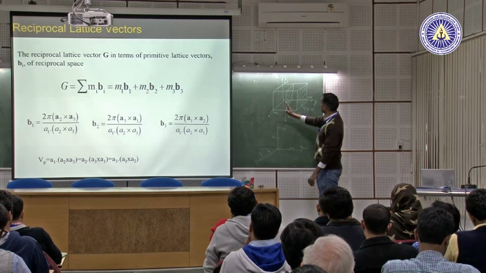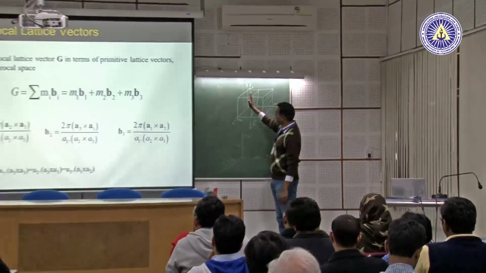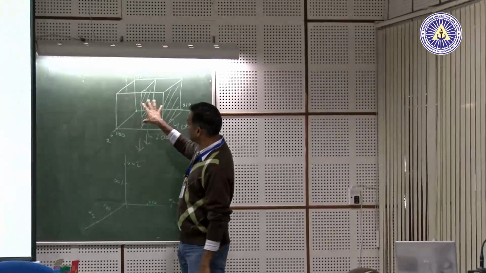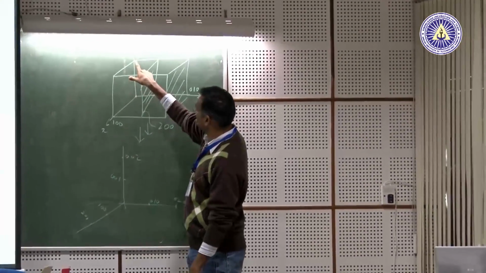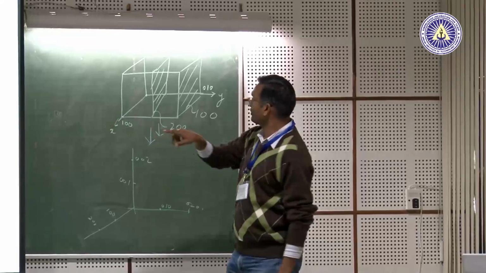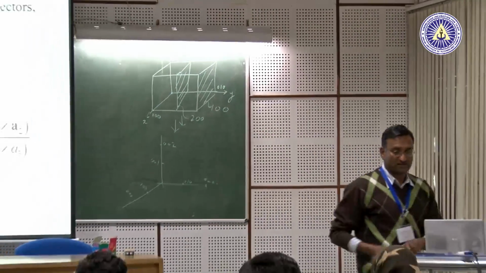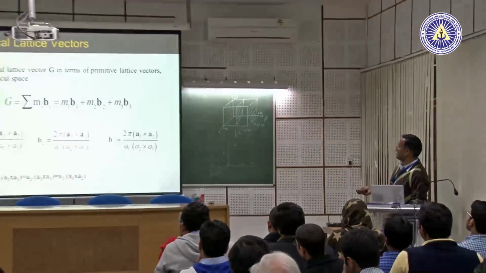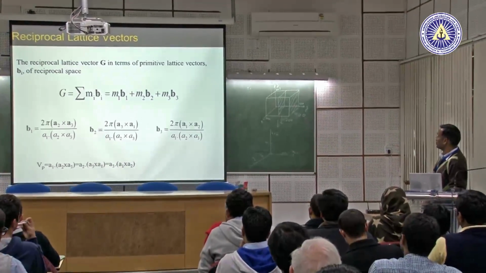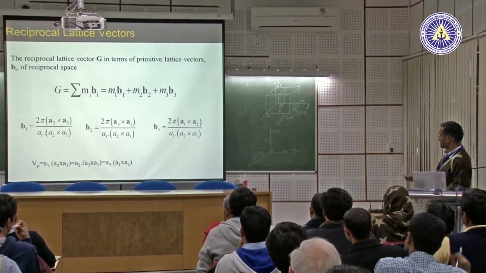If you take, for example, the b1 vector for the reciprocal lattice, it will be the cross product of a2 and a3. So that is how you build a reciprocal lattice, and we'll see how you do that for a few crystals subsequently.